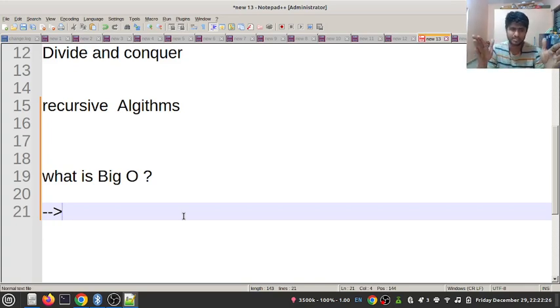If it is the best case, the algorithm is performing well. In the worst case, it is lagging, and the algorithm is not performing as much as we wanted. If it is in between the best and worst case, we call it the average case.